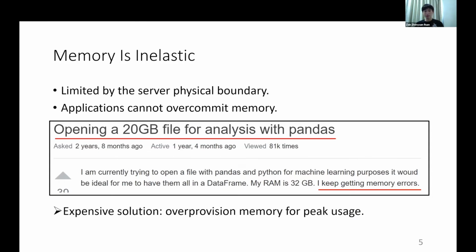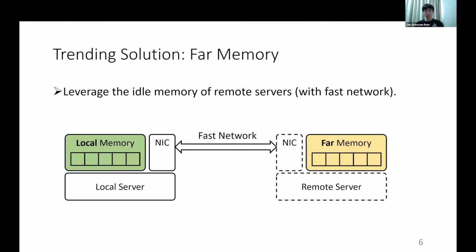One obvious approach is to simply over-provision your memory. For example, you can find a super large 2 terabytes memory instance in AWS. However, that's super expensive and people cannot afford it. A trending alternative is to leverage the idle memory of remote servers, and that leads to recent far memory systems.